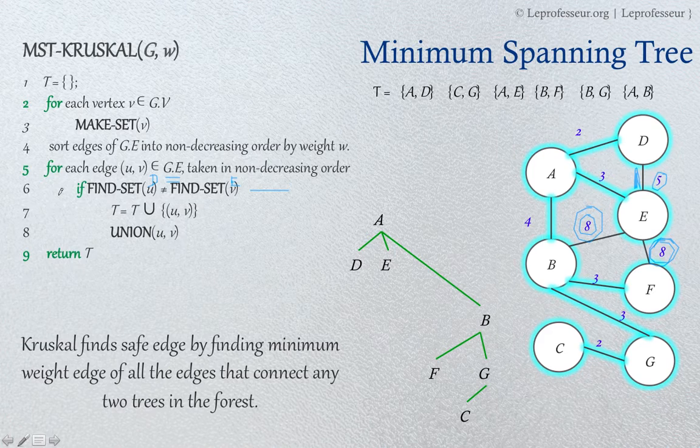Now let's look at the complexity of this algorithm. The initialization step can be done in O(1) time, and then make set V, lines 2 to 3, will take in the order of V, as many vertices as we have.